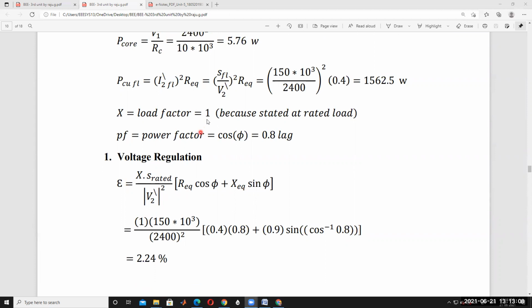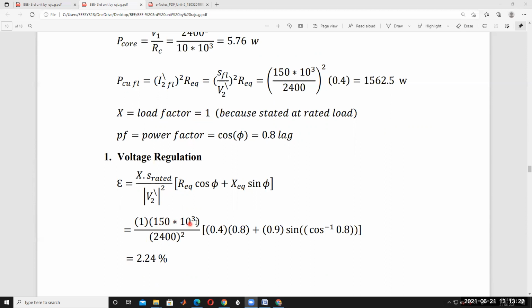Here it is 1, since operated at full load. If for example a problem gives 50% of the load, that means 0.5; substitute 0.5, or for 25%, 0.25. Here, full load is given.